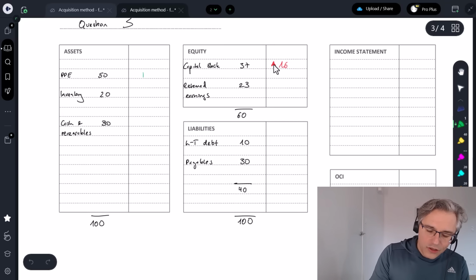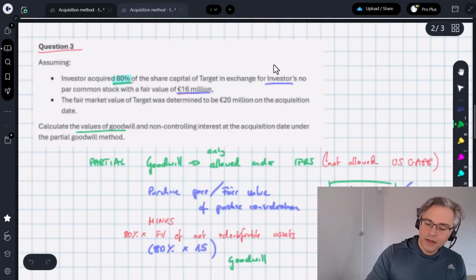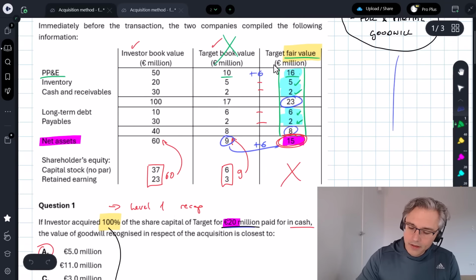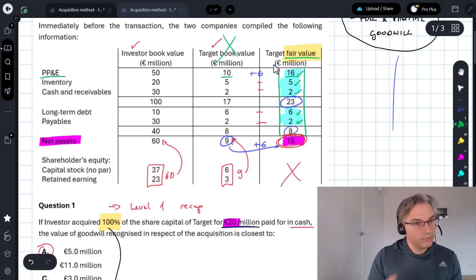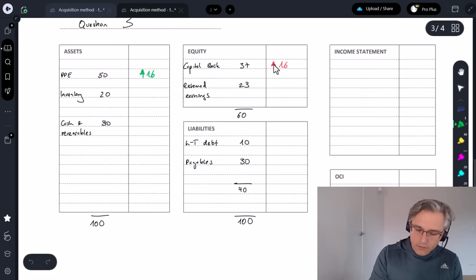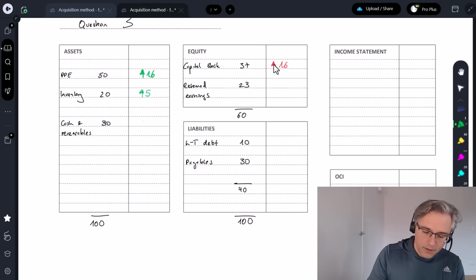So, just like before, I'm going to include that subsidiary's property, plant and equipment at a value of 16, because that's what it was identified to be at fair value, right? Not 80% of 16, the full thing. Same goes for inventory. Its value was supposed to be 5. I remember that cash and receivables was 2.